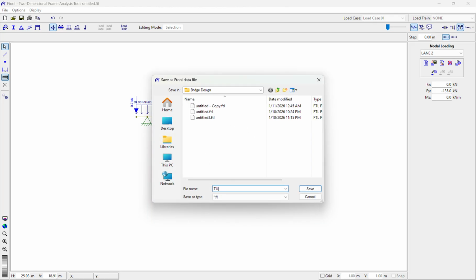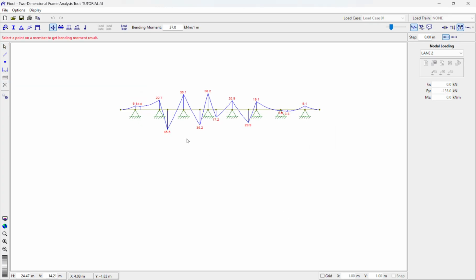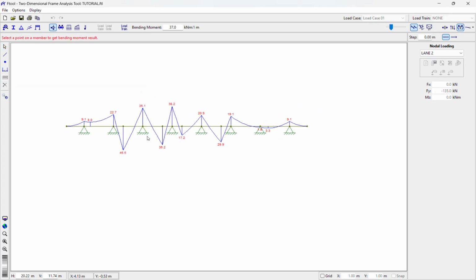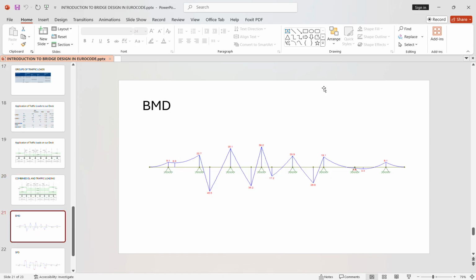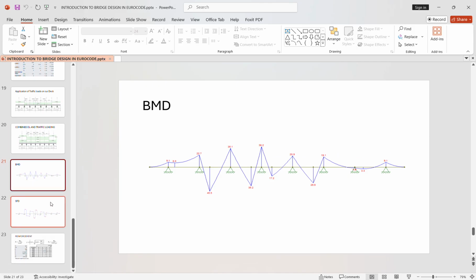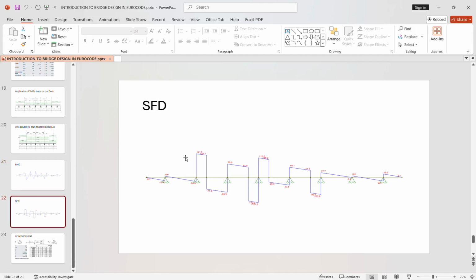So we name it tutorial. Save it. Then we have our moment diagram. As you can see, this was the same moment diagram that I was having. And then this is the shear force diagram.